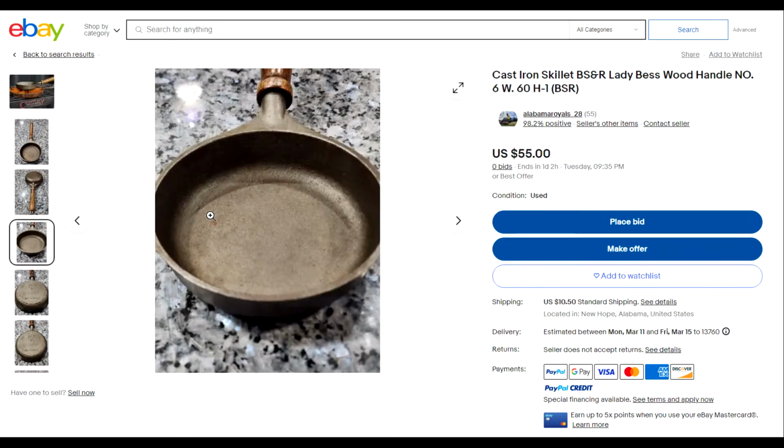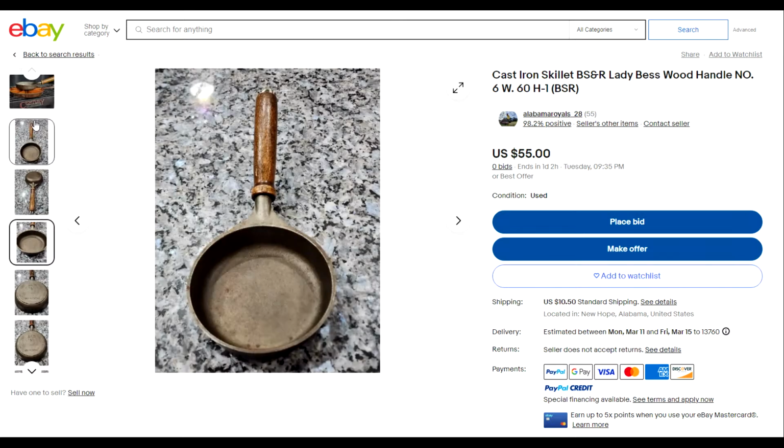Yet I probably would not want to pay $55 for a 6-inch cast iron skillet, even from the Lady Best series. I'm sorry, $65 including the $10.50 shipping costs. That's quite a bit more than what I'd be willing to pay for it.